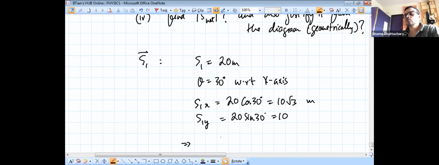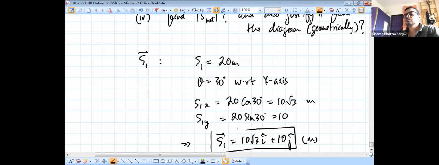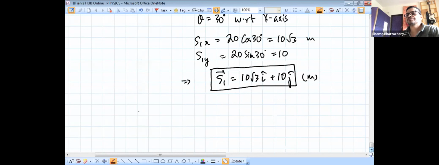Okay. So in component form, the displacement vector S1 will be expressed as 10 root 3 I cap plus 10 j cap in meters. And the displacement S2 is very direct. S2 is 5 meters along the y-axis.